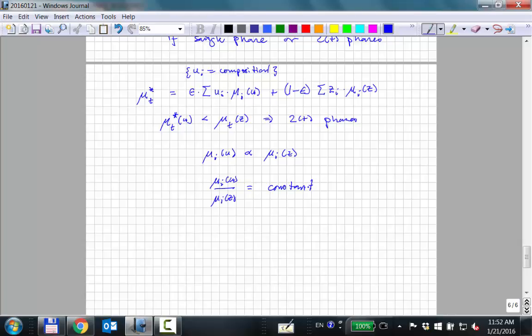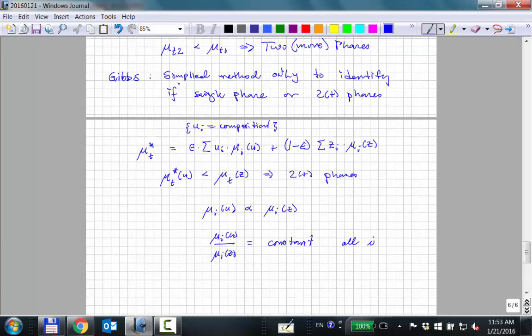So the chemical potential of that new composition we found doesn't have to be equal to the chemical potential of the component in the original phase, but this ratio for all components has to be a constant value, 1.036, 0.9827, something like that. So this is a more efficient, simpler way to identify if it's single phase or two phase.